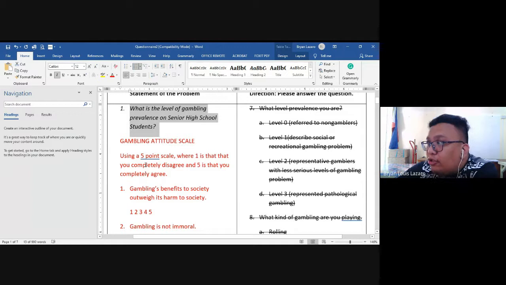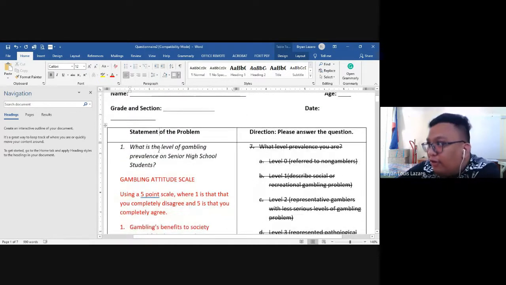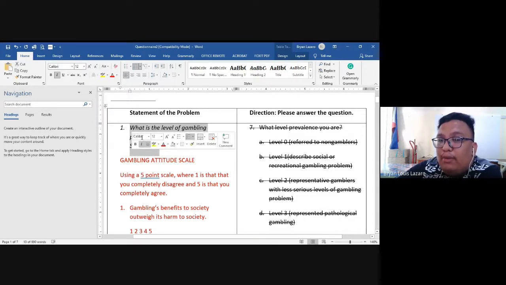It is the first question that will pertain to the problem number 1, which is, di ba naalala nyo, pinagawa ko po kayo ng table ng questionnaire draft ninyo na nakaparte-parte doon, ano yung mga questions that will pertain to your problem number 1, babalikan nyo po yun. Kasi para makita nyo, ano ba yung mga questions that will answer statement of the problem 1.